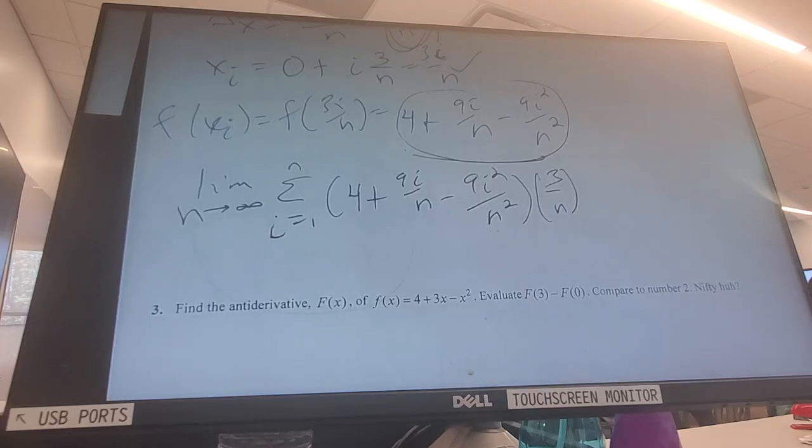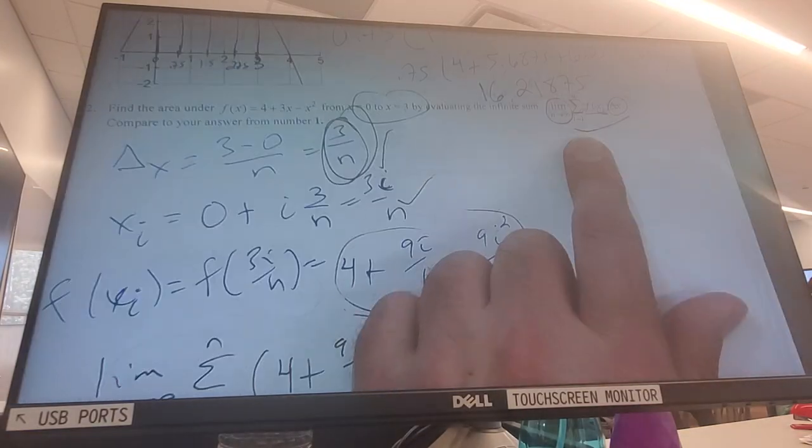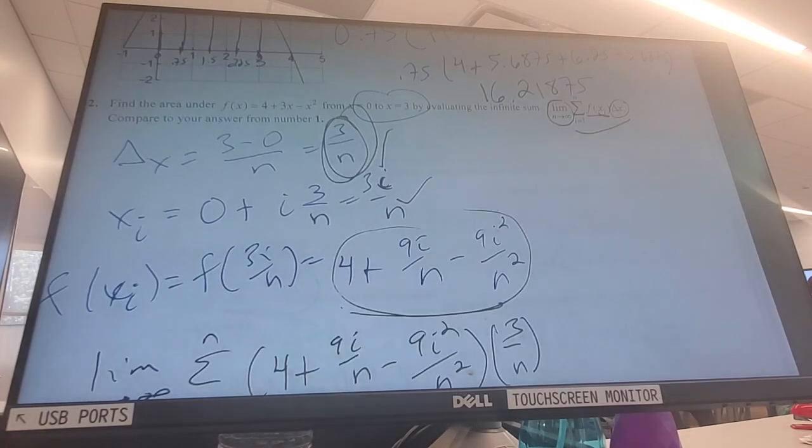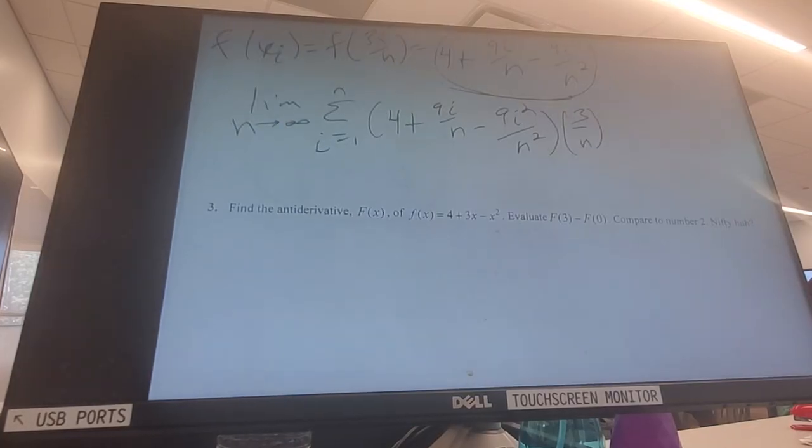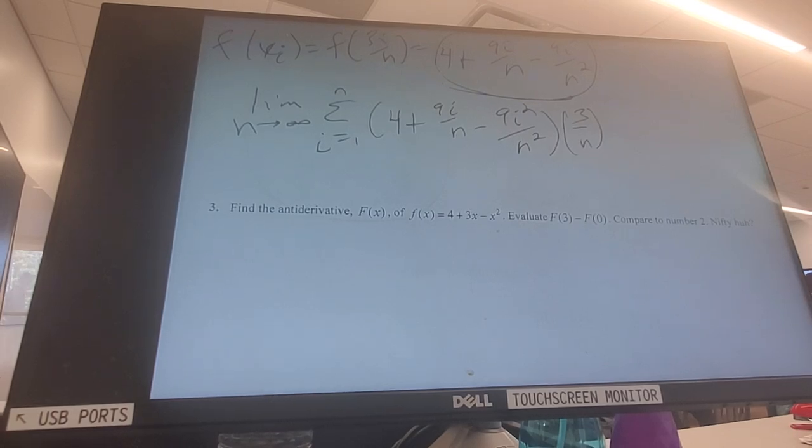And I'll tell you this, on a test or a quiz, I will give you this, and what I normally do is part A is find delta x, part B is find xi, part C is find f of xi, and then I say, now do the thing. I just gotta shove them all in. So we shoved them all in. What's the first immediate thing I can do to start to simplify this? Good. Distribute the 3 over n.